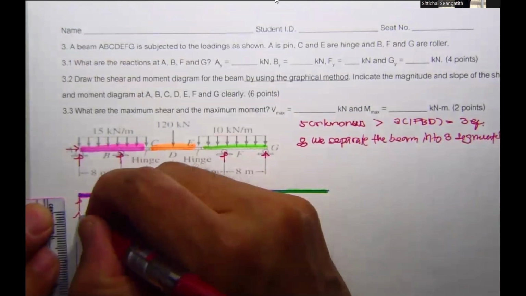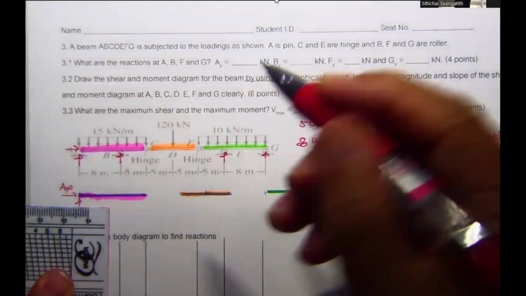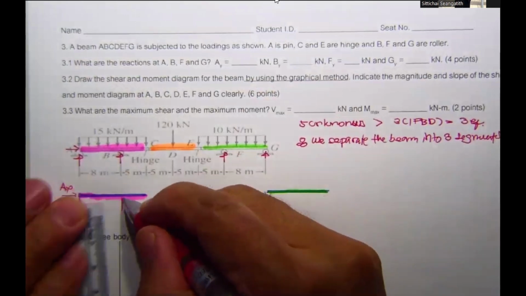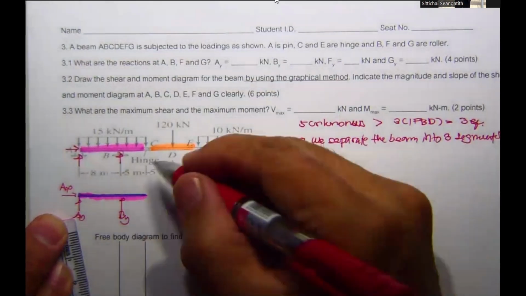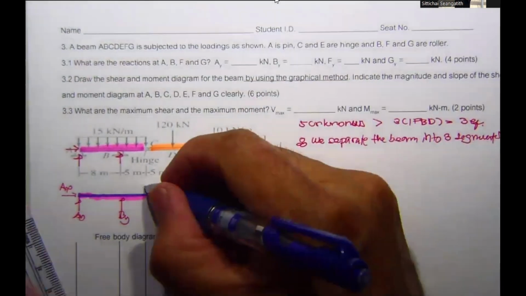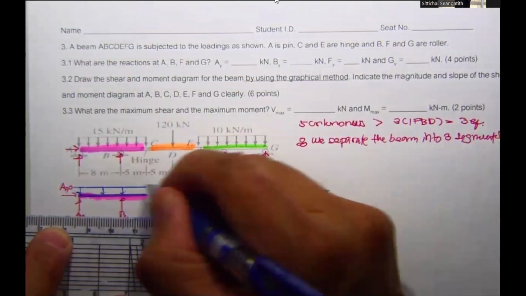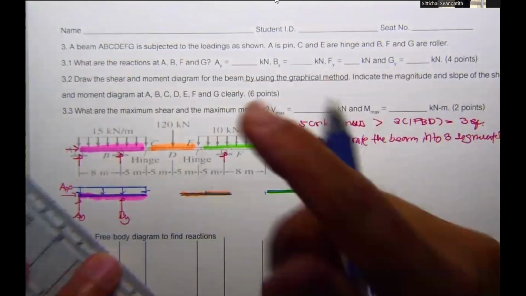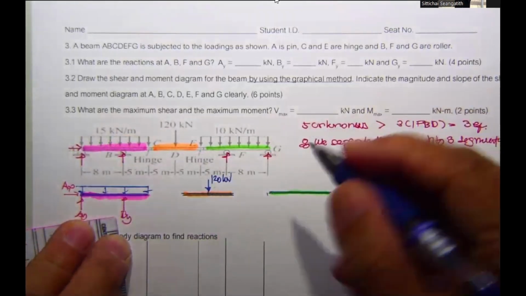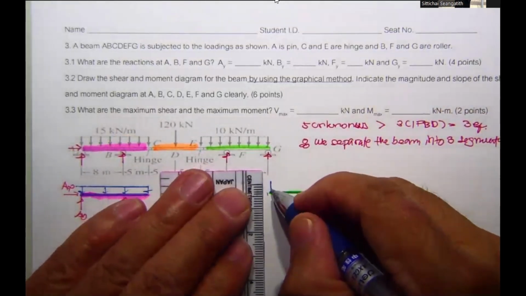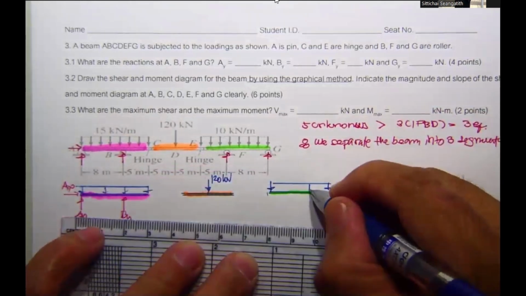This is going to be A sub Y. This is your A sub X. This is your B sub Y, and the load is going to apply on the top. Then we have this second one. This is 120 kilonewton, no reaction yet, and this is 10 kilonewton meter.